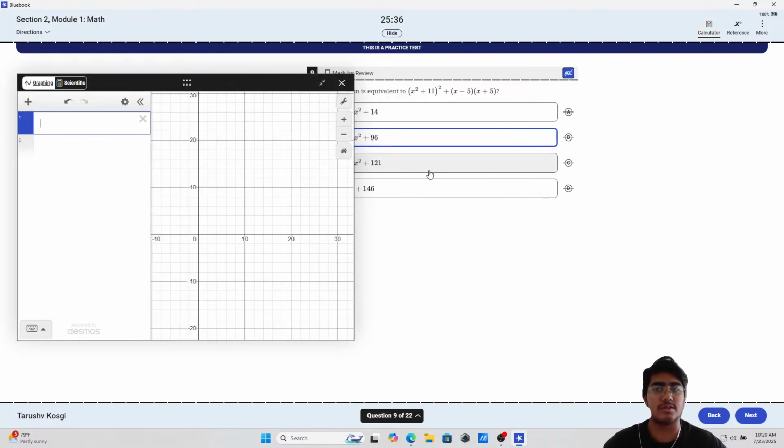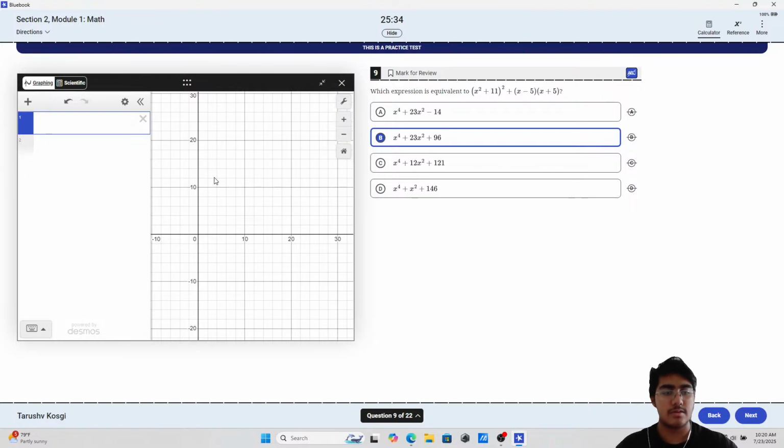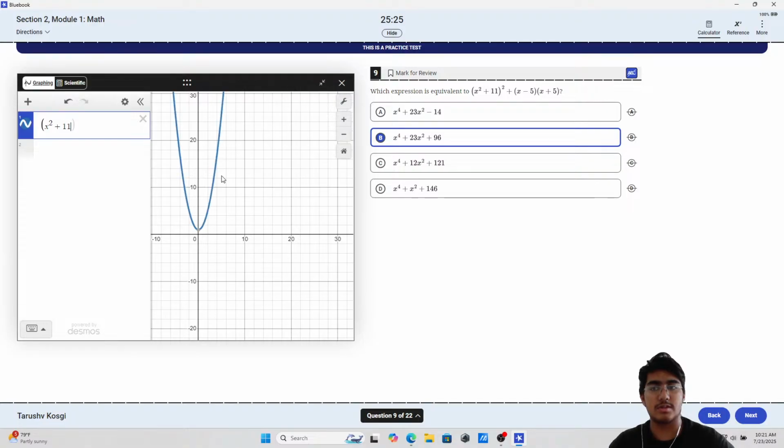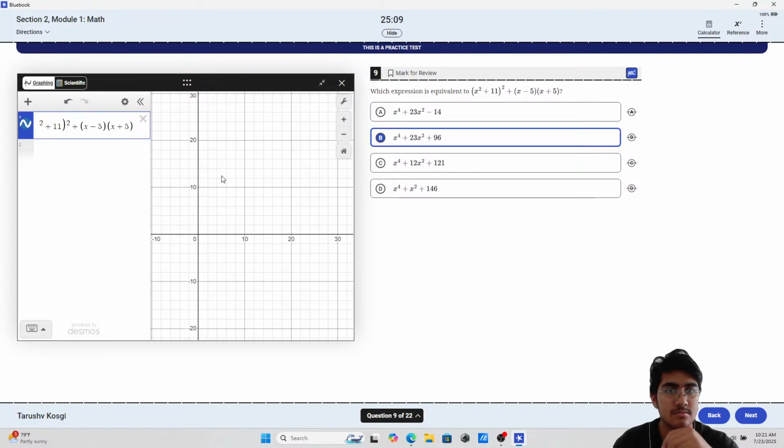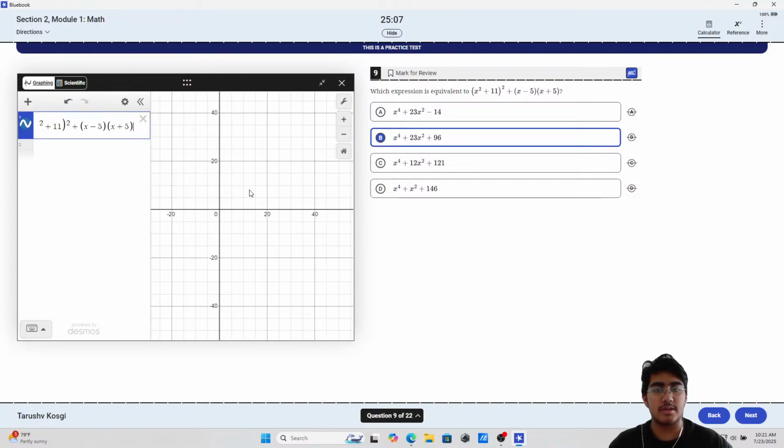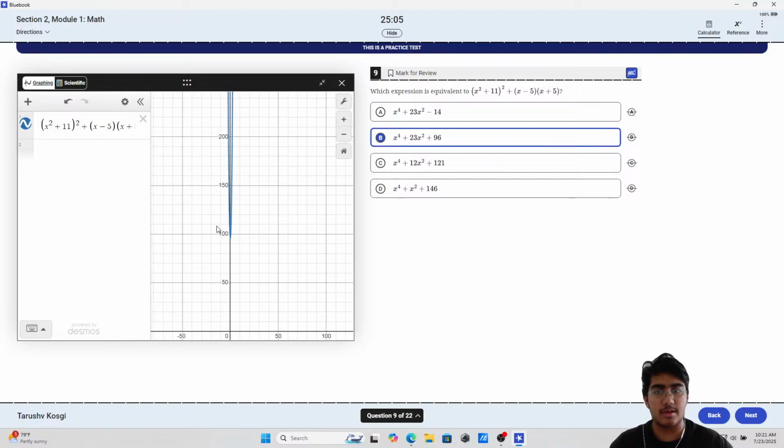But let's just test this out here. So x squared plus 8, x squared plus 11 squared plus x minus 5, x plus 5, and it graphed it right up here.